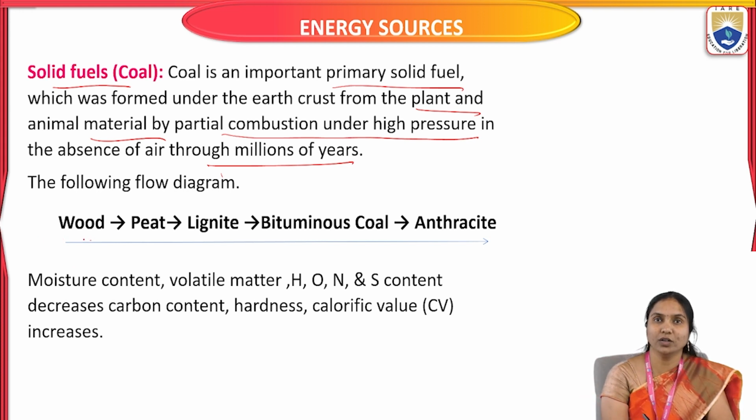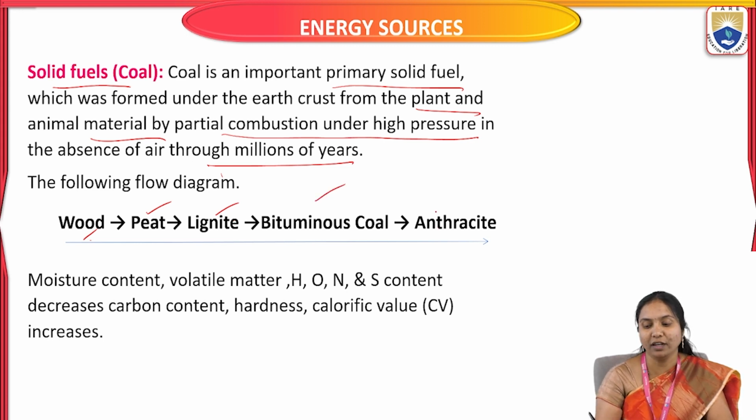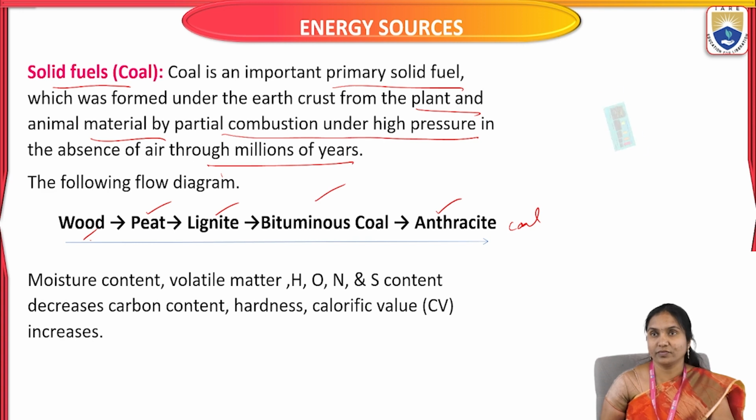The first form is wood, then it is converted into peat, then lignite, then bituminous coal, and the final form of coal is anthracite coal. This is the usable form of coal. You can see in the image the phases involved in the formation of coal from wood.